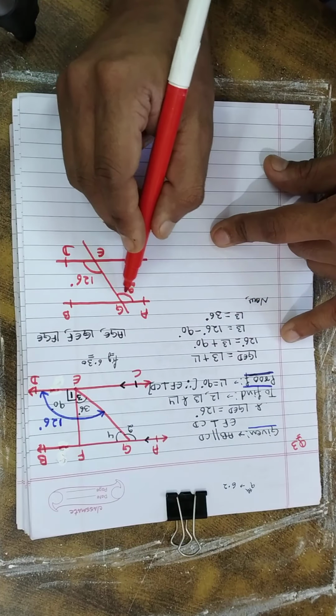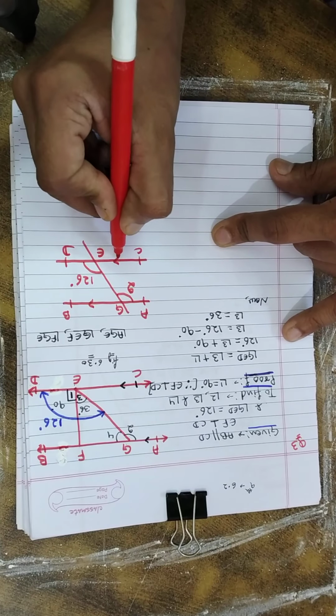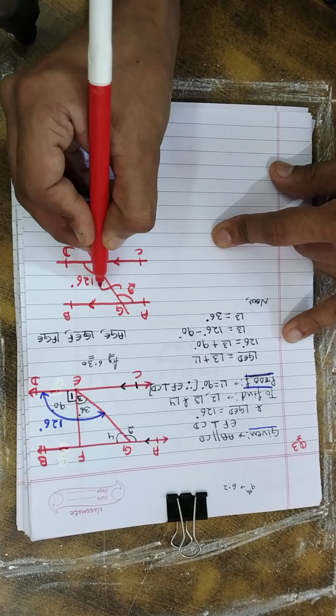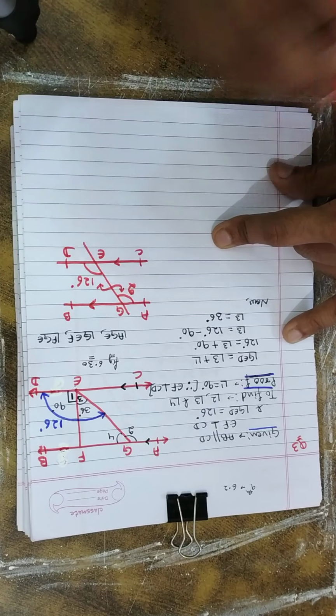See, this line is parallel to this line, and this is a transversal. Therefore, both angles are equal to each other. Reason: alternate interior angles.